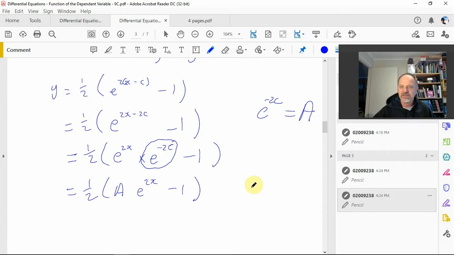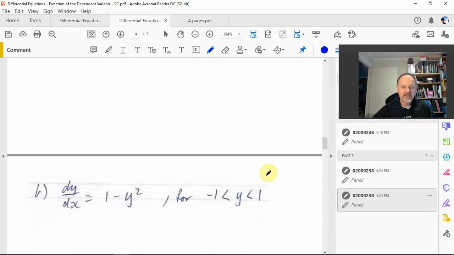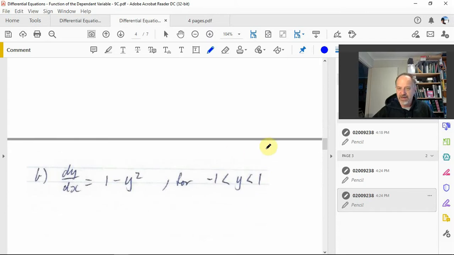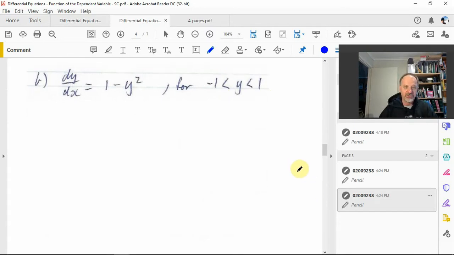All right, the next one, there's a bit of fun stuff that's going to go on here. All right, so dy dx is equal to 1 minus y squared, and then we've got a restriction on our y. It's got to be between negative 1 and 1, and we'll probably use that later.